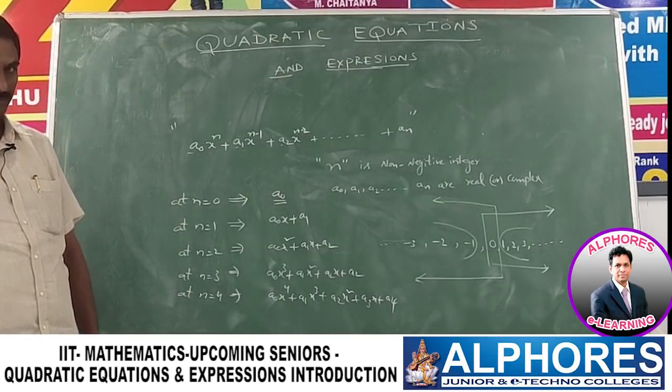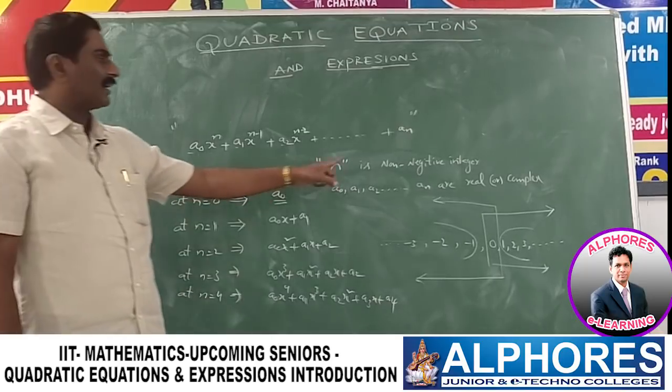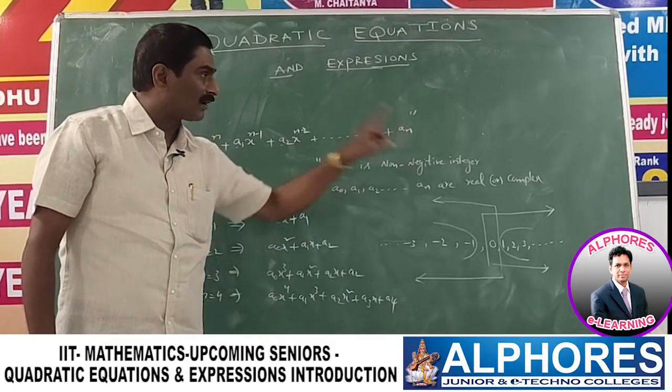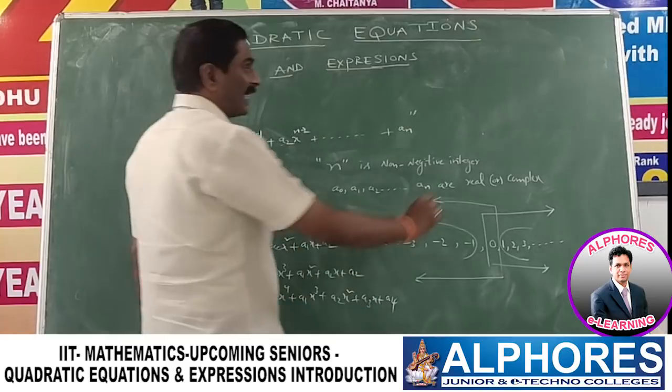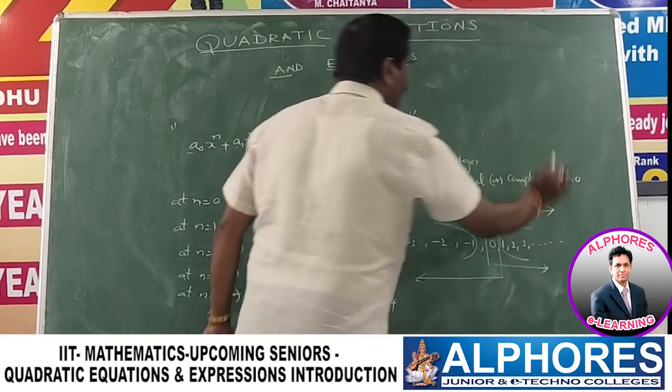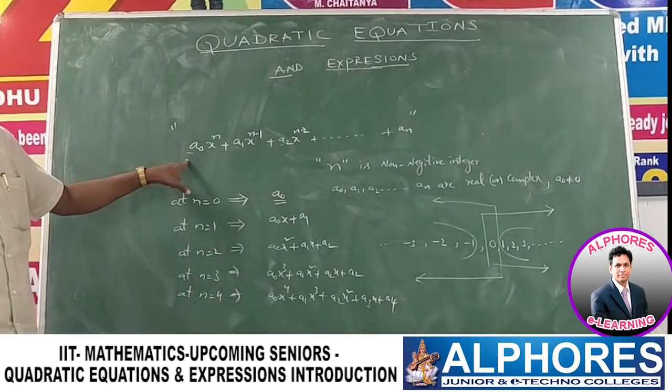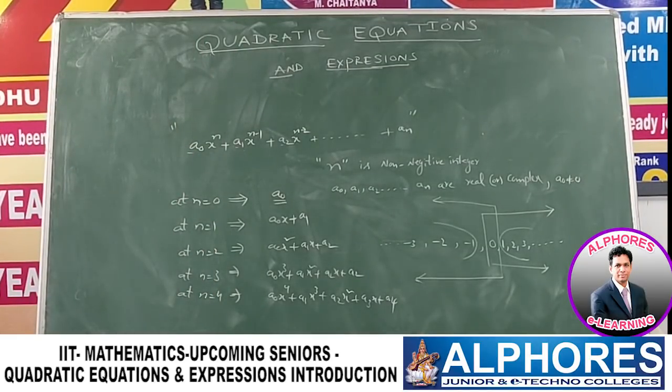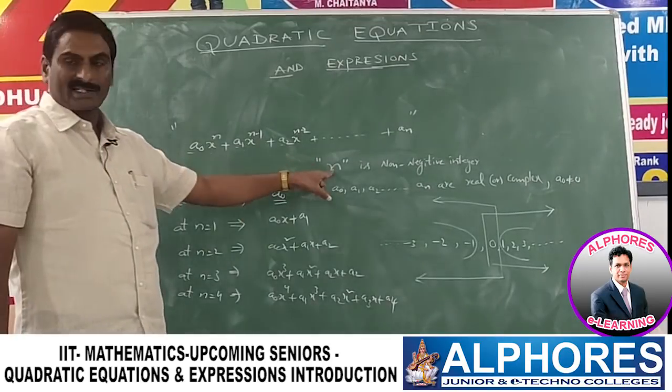If a0 is not equal to 0, then the expression is said to be a polynomial. Here n is a non-negative integer.